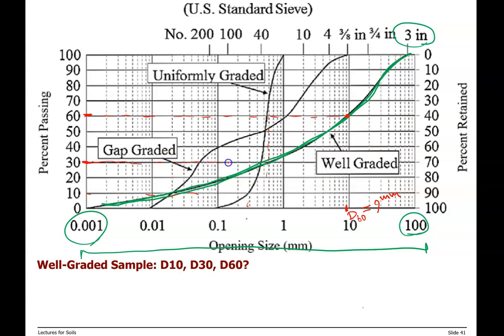D30, 0.1, 0.2, 0.3, 0.4, 0.5, 0.6. And D10, which is 0.02 millimeters.